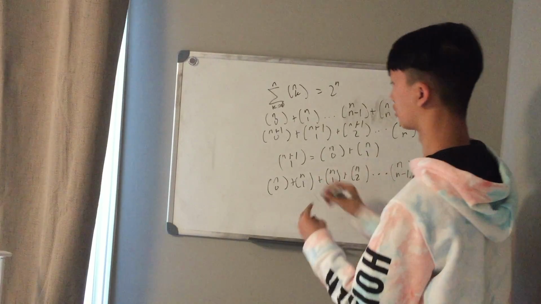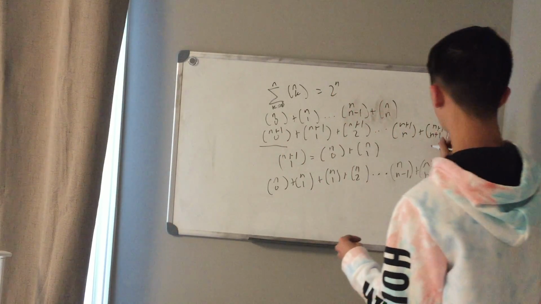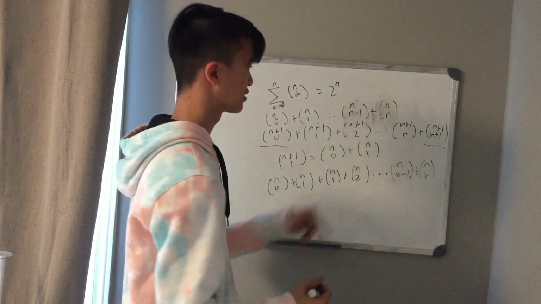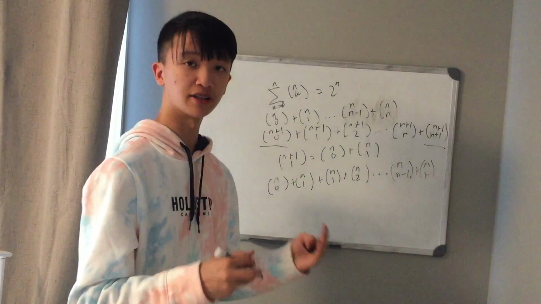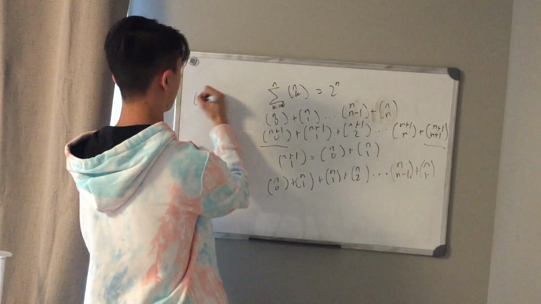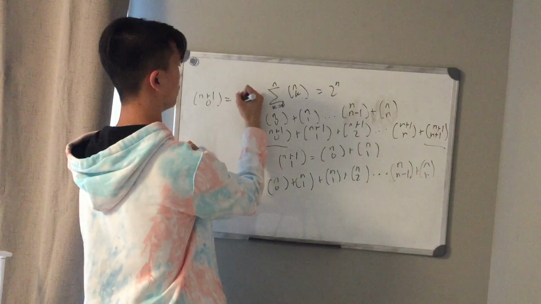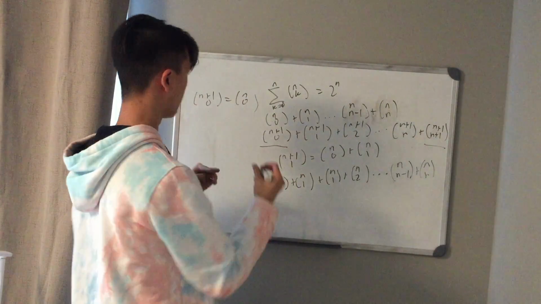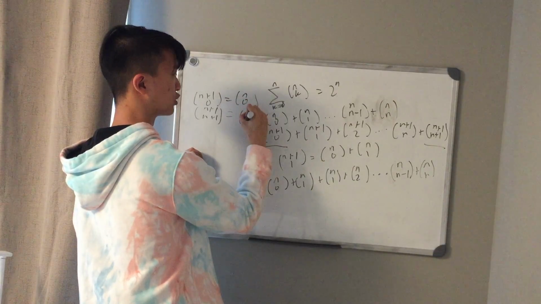But what we are left with here is n plus 1 choose 0 and n plus 1 choose n plus 1. Now you see, both of these can be converted. Since anything choose 0 is a constant, we can set this to be equal to n choose 0. And also, we can set n plus 1 choose n plus 1 to n choose n.